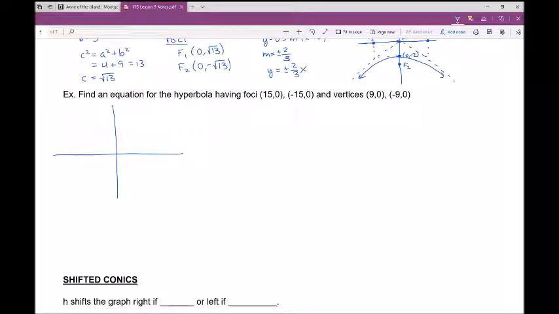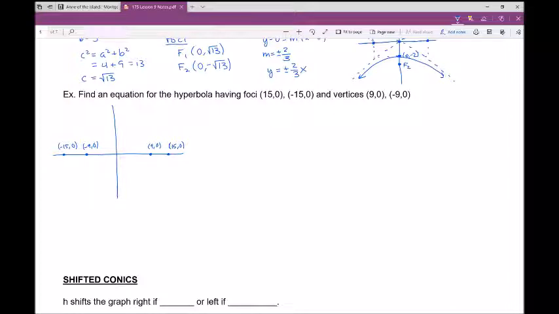So it says we have foci at (15, 0) and (-15, 0). And it also says we have vertices at (9, 0) and (-9, 0). So let's call those points 9, 0 and negative 9, 0.